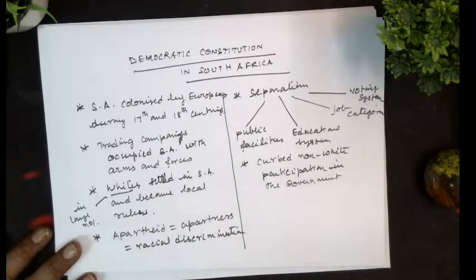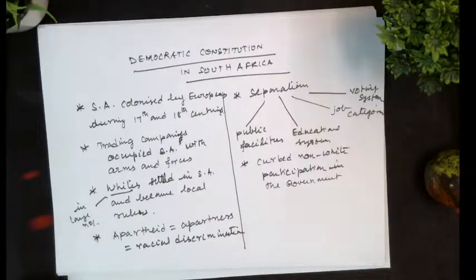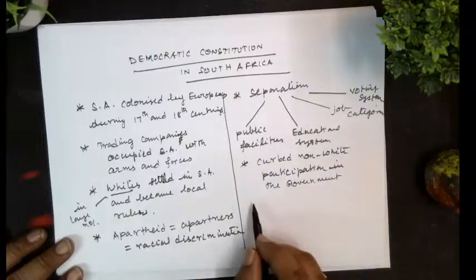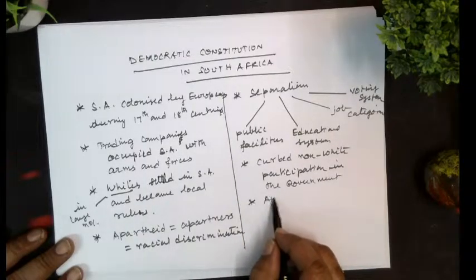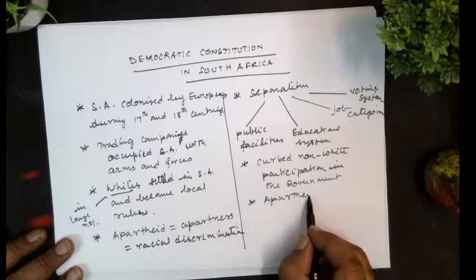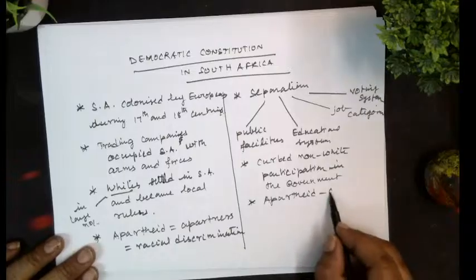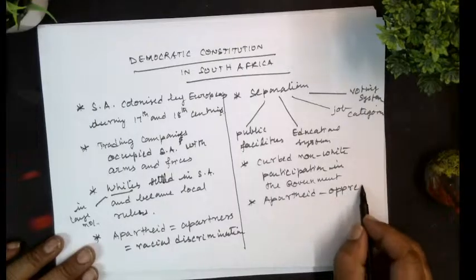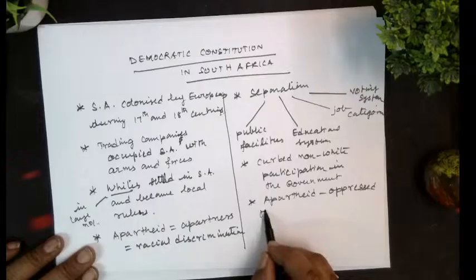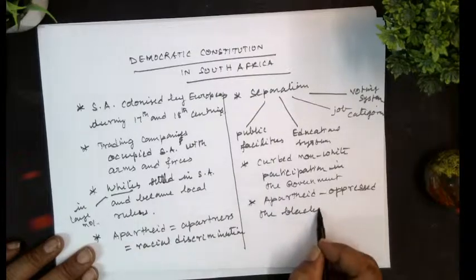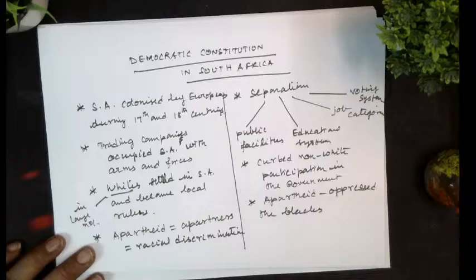The apartheid system was oppressive for the blacks. Black people were forbidden from living in white areas.